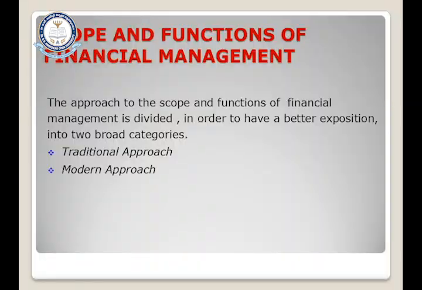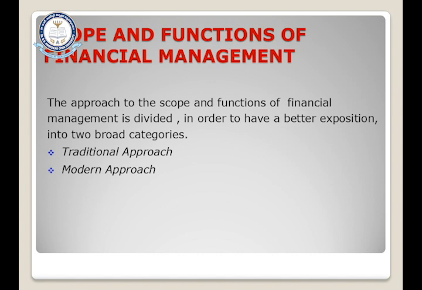Now, after understanding the meaning and definition of financial management, we have to understand its scope and the functions it carries on. The scope of financial management is broadly categorized into two categories.